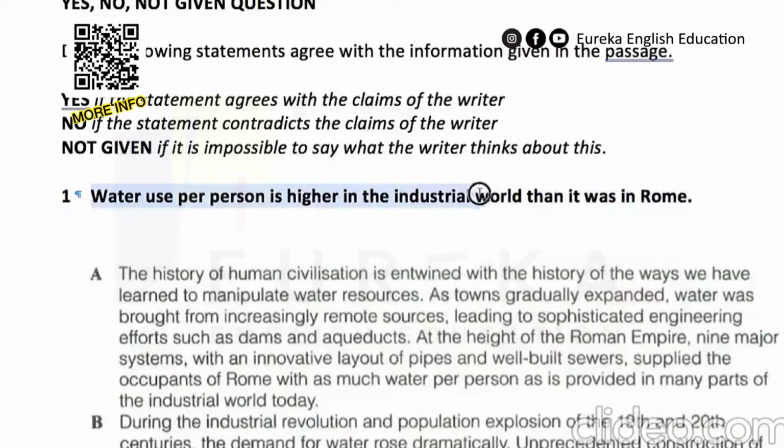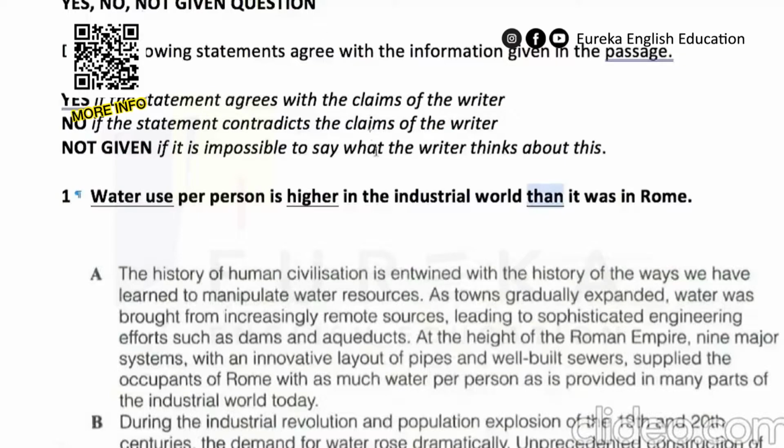Water use per person is higher in the industrial world than it was in Rome. I will try to underline some of the keywords in this question. Water use, I think, is a very important keyword. This is one of the keywords: water use per person. There is a comparison here: is higher, like higher than. It is also good to note higher than.